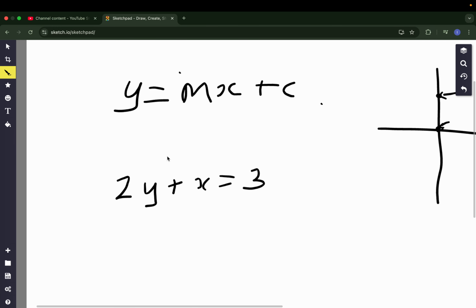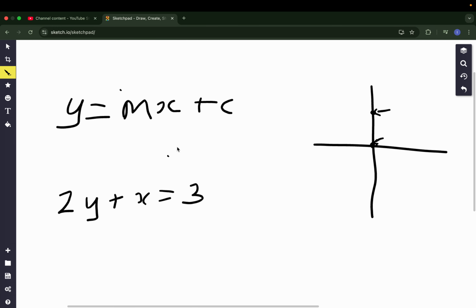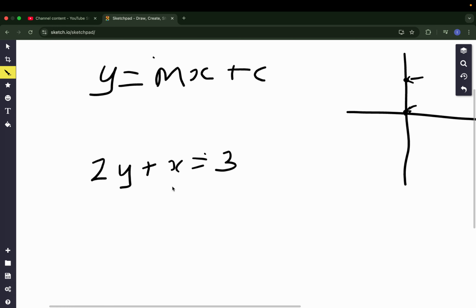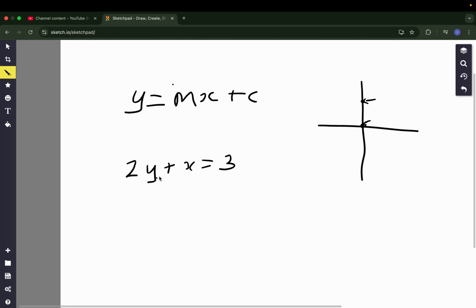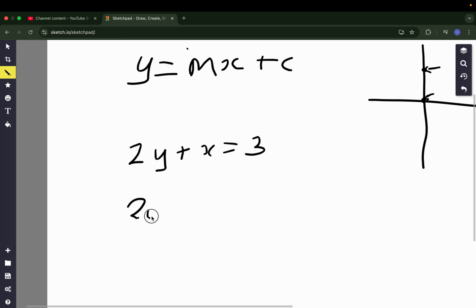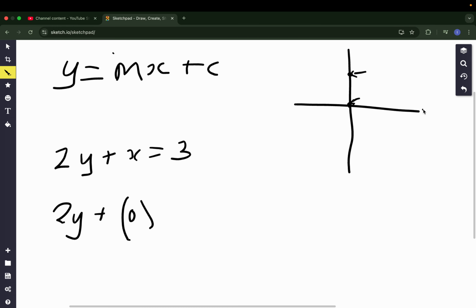So when we sub it in, when we try to find it in the equation, and we're trying to find the y-intercept, we can say that the x is also equal to 0 because the y-intercept's on the line. So we can say that 2y plus 0 equals 3, because x is on this axis.